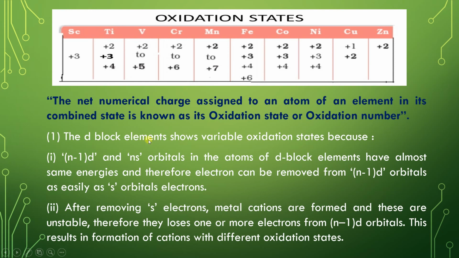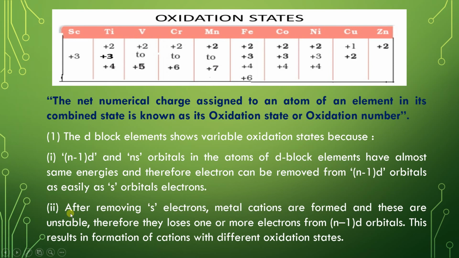The d block elements or the transition elements show variable oxidation states because, number one, n-1 d and ns orbitals in the atoms of d block elements have almost the same energies, and therefore electrons can be removed from n-1 d orbitals as easily as s orbital electrons.